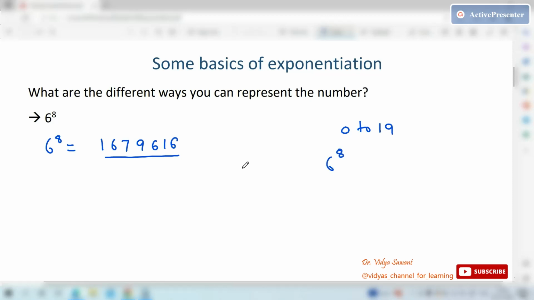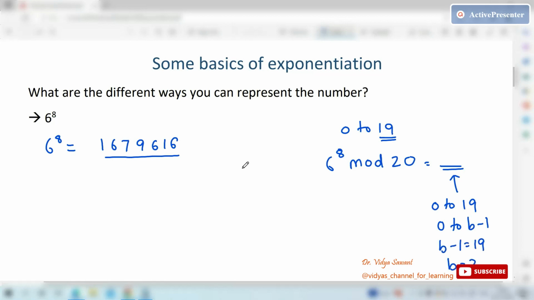You will take 6 raised to power 8, which comes out to be a large number. You will apply modular arithmetic to this, and because my last number is 19, I want my answer to be from 0 to 19. I should use 20 here because I want the answer between 0 and b minus 1.